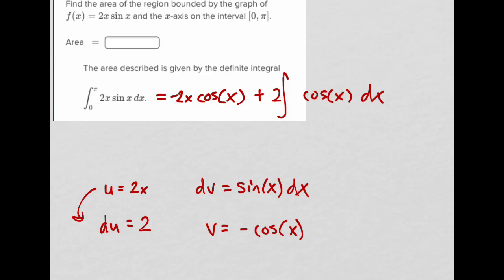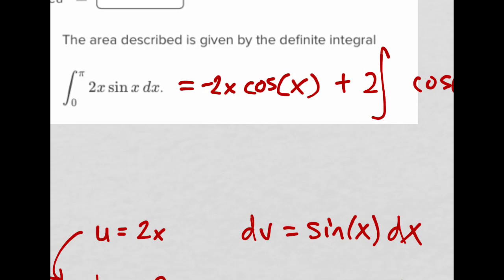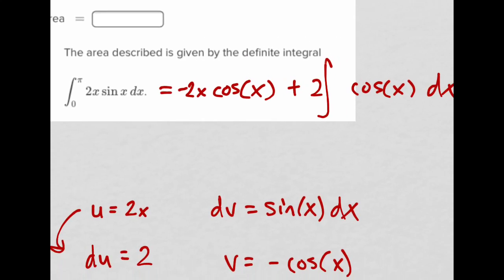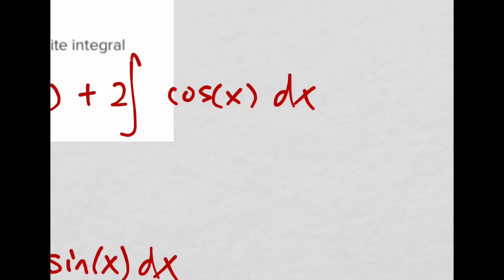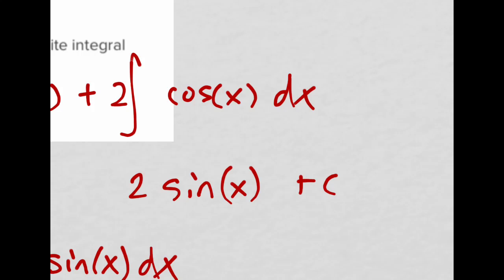The whole point of this is, we have this part, which we don't need to do anything to now, and then we have this part, which we can take the integral of easily, because the antiderivative of cosine is just sine. So we have 2 sine x, and then plus c.